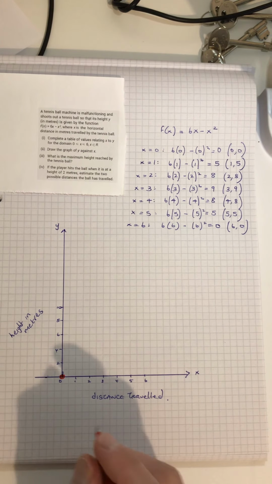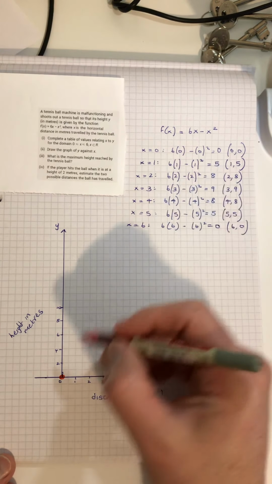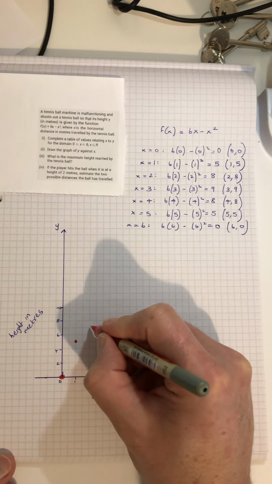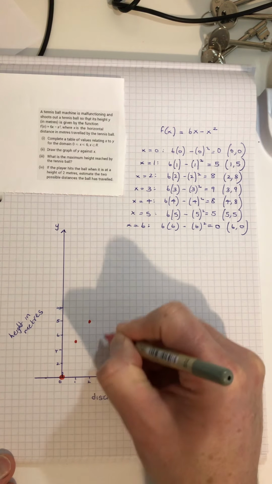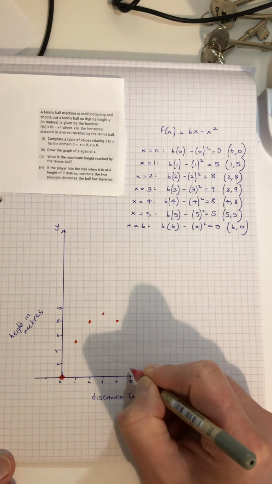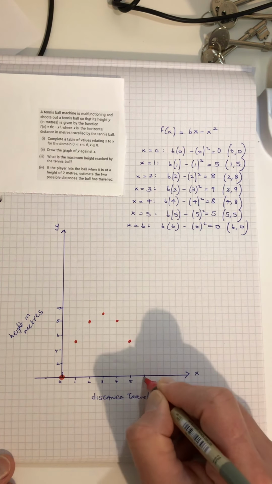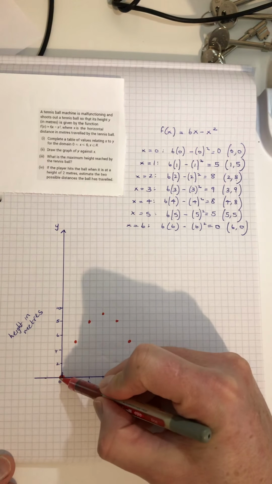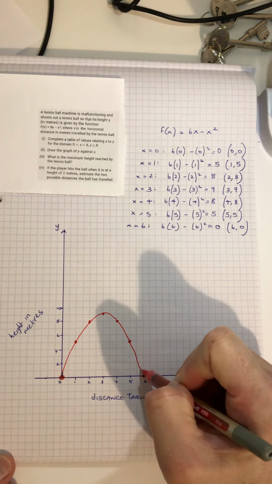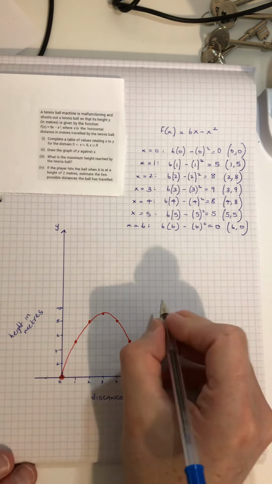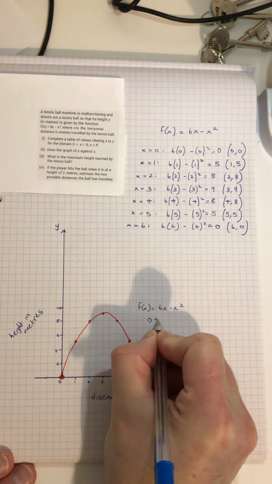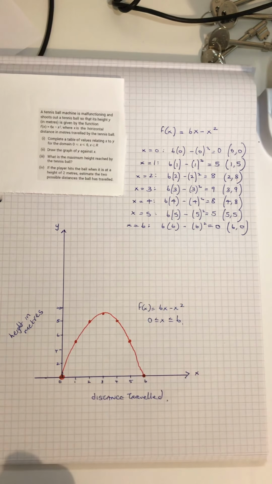The second point we're going to plot is 1 up to 5, 2 up to 8, 3 up to 9, 4 up to 8, 5 up to 5, and 6, 0. So your graph is a smooth golf shot, something like so. And that's the function f of x equals 6x minus x squared between 0 and 6.